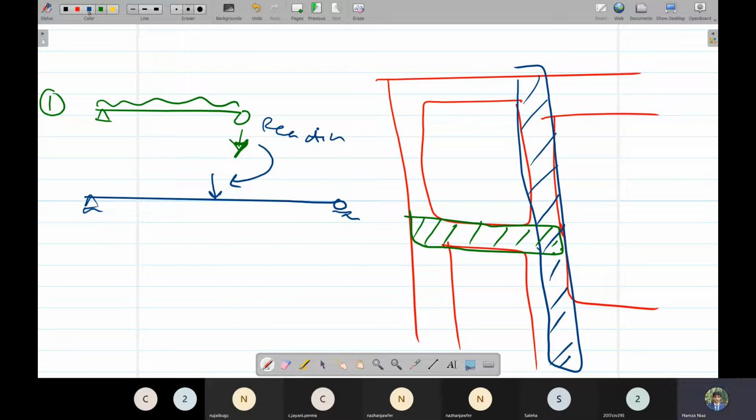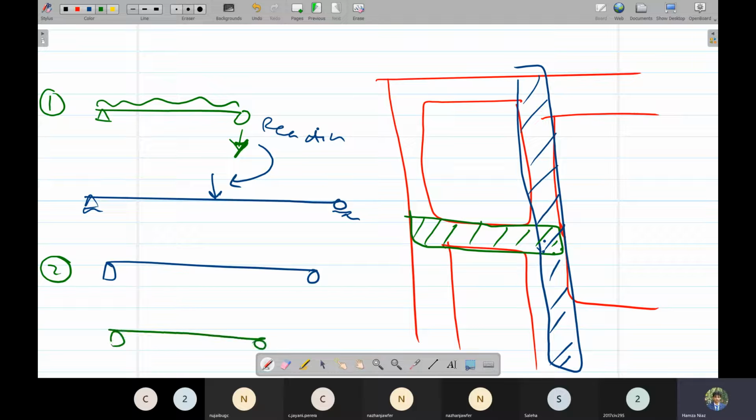The second case would be that we design the blue beam first. So this is the blue beam. Suppose this beam is on the top and the green beam is at its bottom.